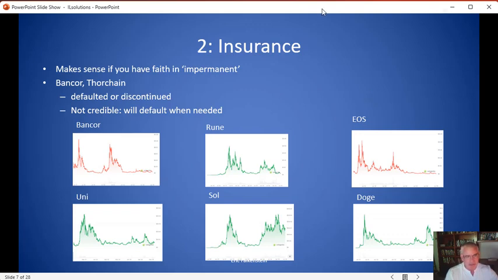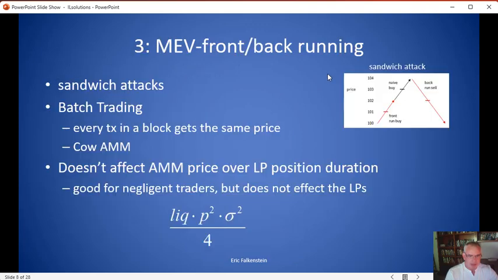Bancor actually defaulted. Thorchain did this before one of their more recent disasters, but they were about to default. That's why they had to stop, and then the market went the other way. But anyway, that's a bad solution. It was tried because people really believed these things were impermanent loss, and they're not.